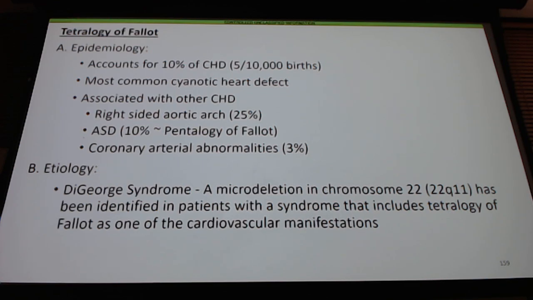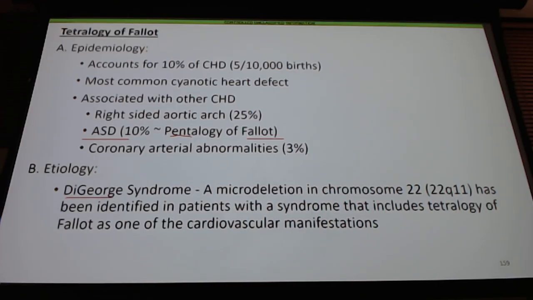Now, if it has an atrial septal defect, with a fixed split S2, if you're seeing that, it could indicate that there also is an ASD present, and that would be indicative of a pentalogy of Fallot, so 5 things wrong.